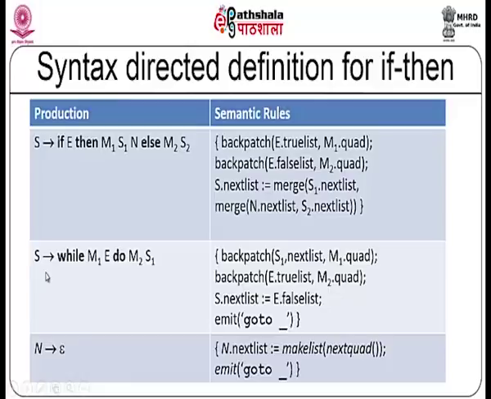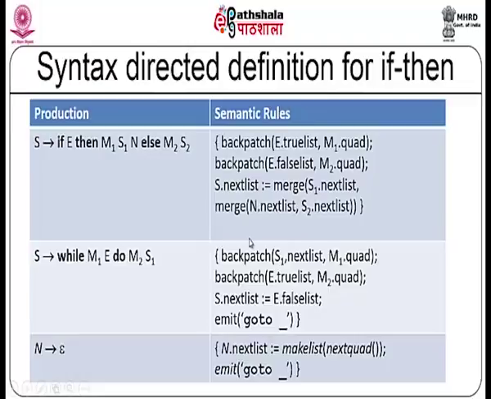And the last one is while M expression do S1. Again, this M1 is to create a line number for expression. This M2 is to create a line number for S1, which is similar to the previous one only. So, backpatch S1 dot next list with M1 dot quad, okay, and backpatch E dot true list with M2 dot quad, which is the same. S dot next list is equal to E dot false list, we already know that, and you have to emit a go to.